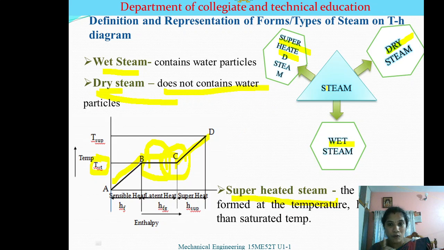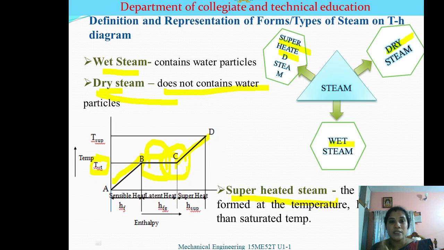So let us recall what we had learnt in this particular slide. There are three forms of steam: dry steam, wet steam and superheated steam. Wet steam is the one present anywhere in the region B to C. That means the steam that contains water particles in suspension can be defined as wet steam.